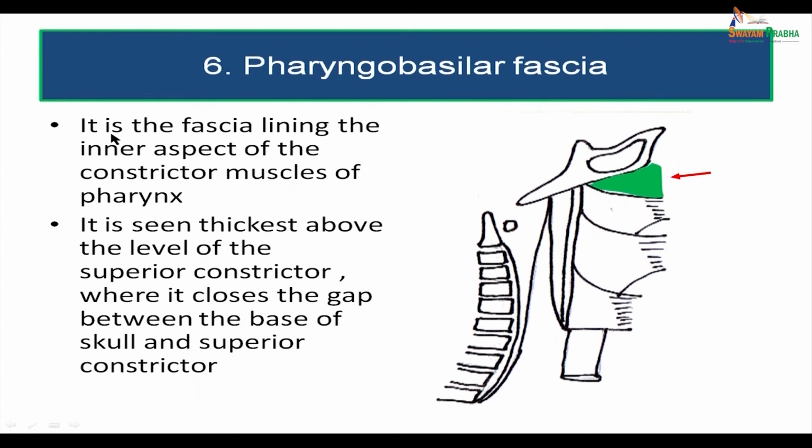This pharyngo-basilar fascia lines the inner aspects of the constrictor muscles of the pharynx. It is seen thickest above the level of the superior constrictor, where it closes the gap between the base of skull and the upper border of the superior constrictor.